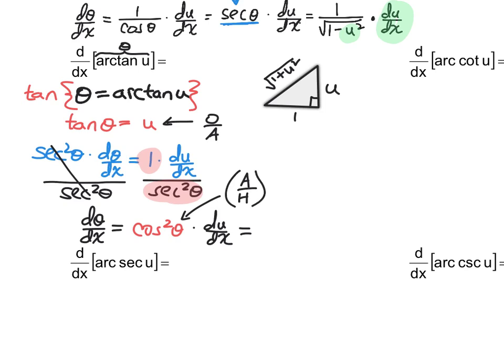So adjacent over hypotenuse squared. Or adjacent squared over hypotenuse squared. So here's my adjacent. Here's my hypotenuse. If I square my adjacent, square the 1, I get a 1. Square my hypotenuse, I get 1 plus u squared, times du dx.